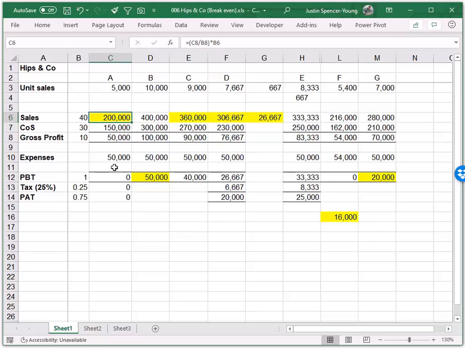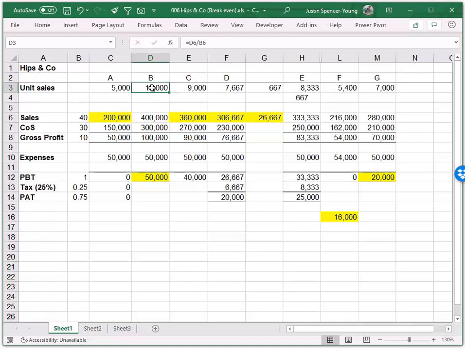In question B, we are given information about the sales that we want to achieve. And the question asks us to calculate the profit that we would make on sales of 400,000. So this 400,000 now becomes part of the given information that we can put into the income statement. And since we know the sales and the sales price, we can say 400,000 divided by 40 gets us to the units immediately.